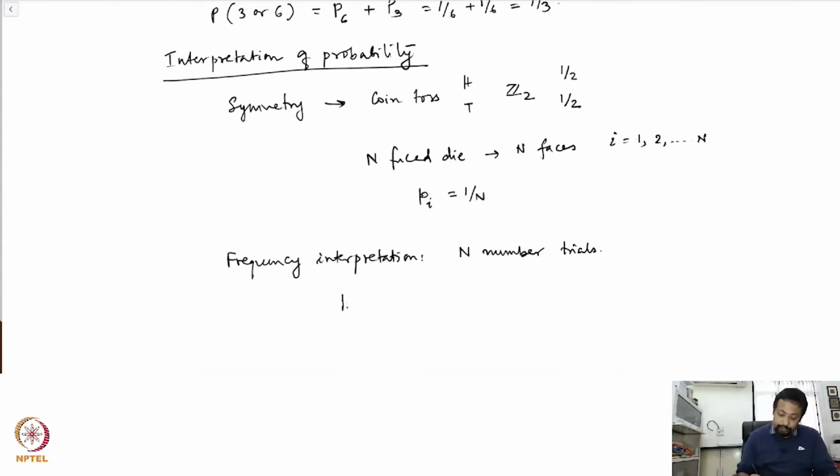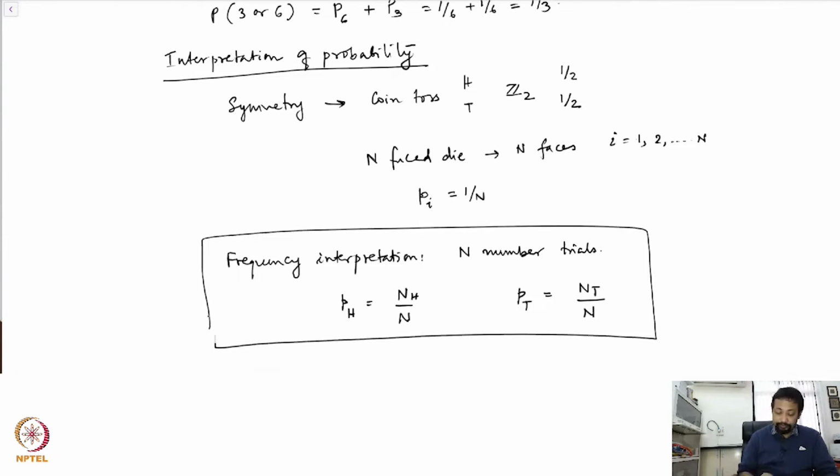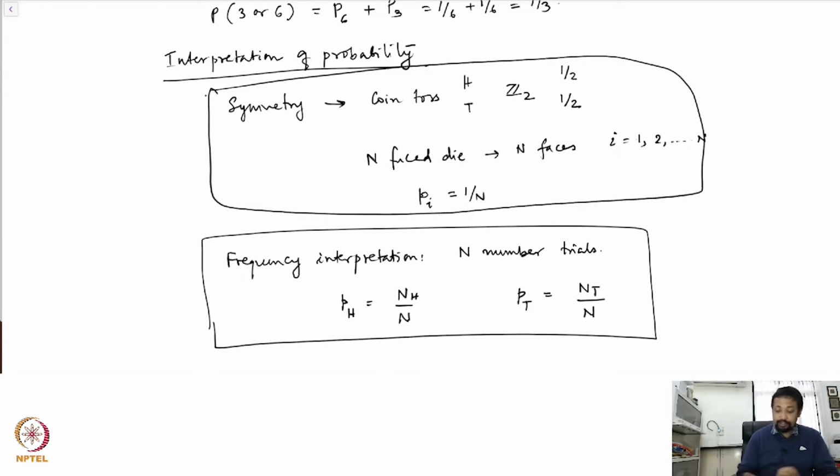Then the probability of getting a head is the number of times you get a head divided by the total number of trials that you have done. Similarly, the probability of getting a tail is the number of tails divided by the total number of trials. So this is what is called a frequency interpretation, and this is what is called a symmetry interpretation.